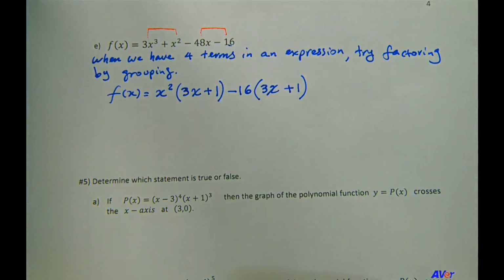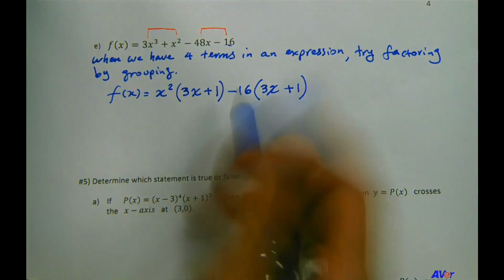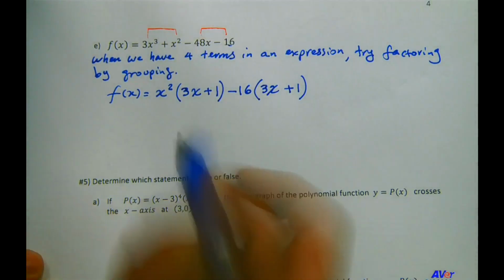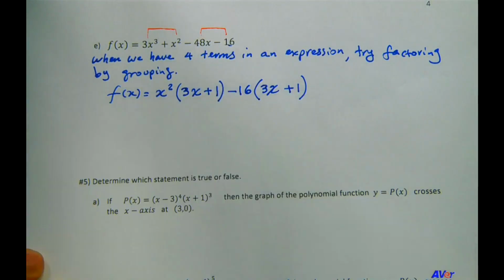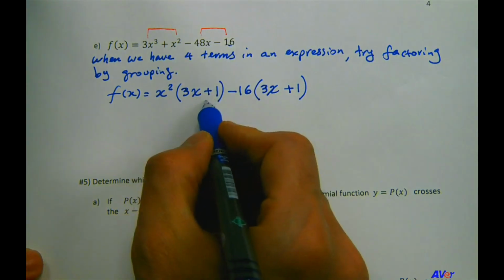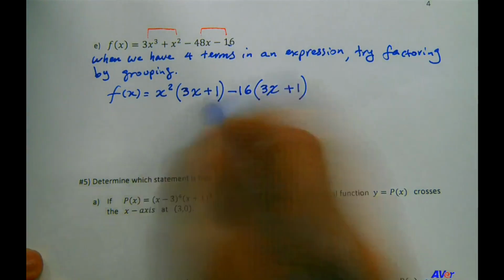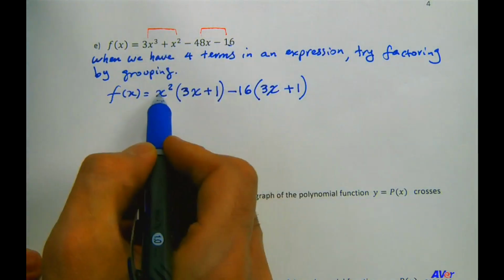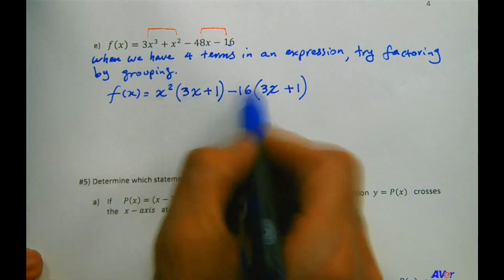No. So now, a lot of mathematics is visual. I've mentioned this before. So visually, look at this expression. Is there any common term that you can factor out? There sure is, right? 3x plus 1 is a common factor. So let's factor, because in the previous factorization, we factored out x squared and minus 16.